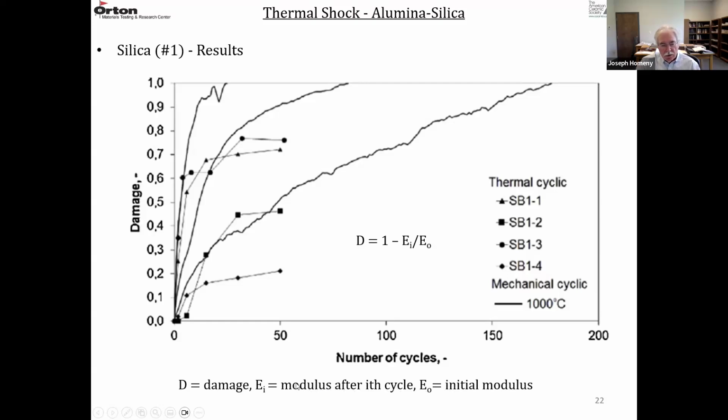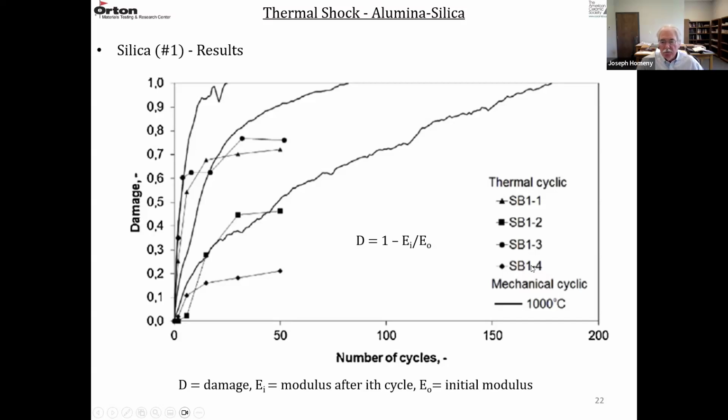So as you increase the number of cycles, E_i becomes a lower number. You're subtracting a lower number from 1, so the damage goes up. So the higher this value for the damage, the lower the elastic modulus. This was for the crystalline silica brick SB1.